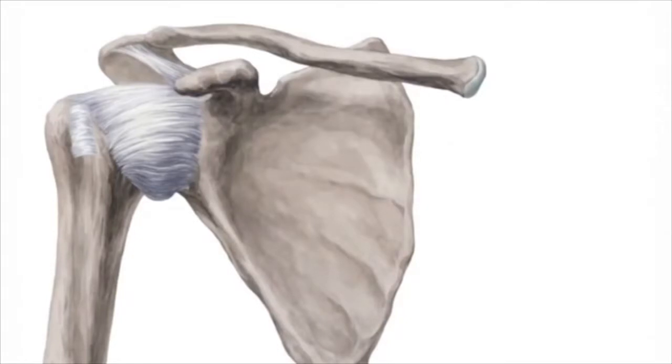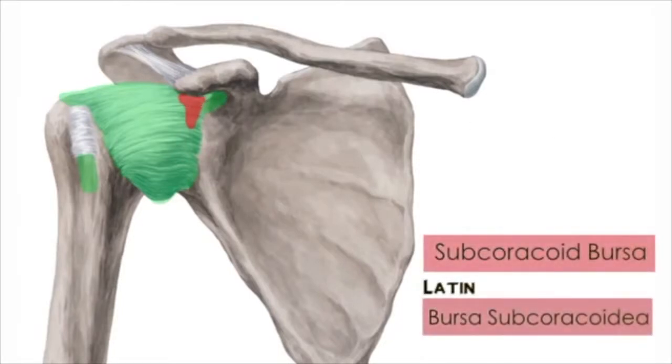Now there are 3 other bursae that I need to cover here on this tutorial. What I'm going to do now is highlight the capsule and also the bursae associated to the capsule and to the joint so you can see where they are located. Now the first one is highlighted in red, and this is the subcoracoid bursa.